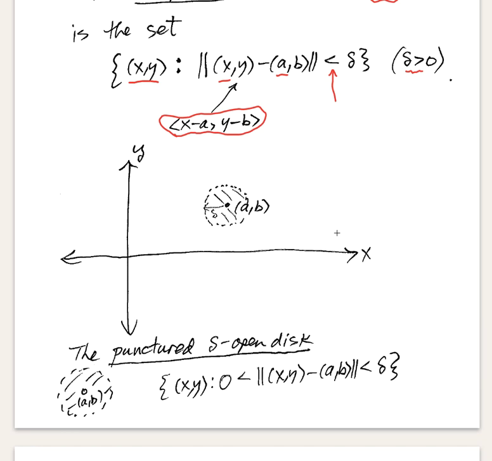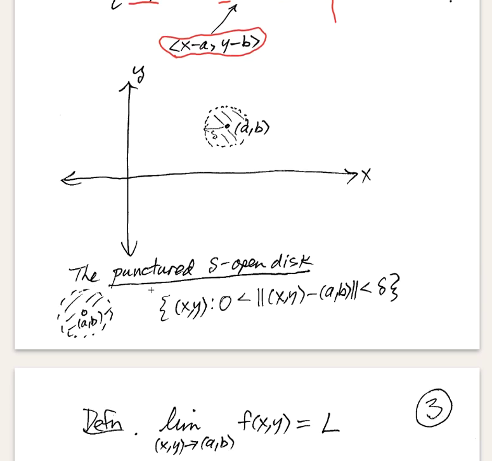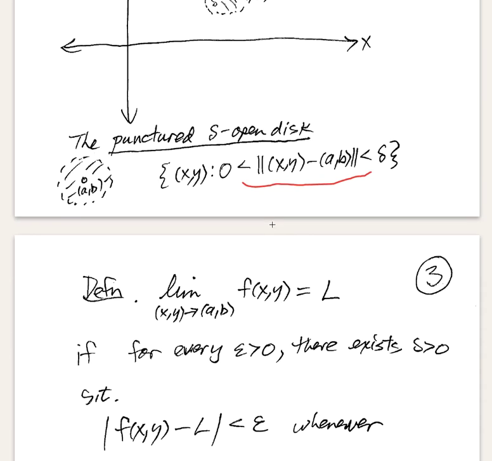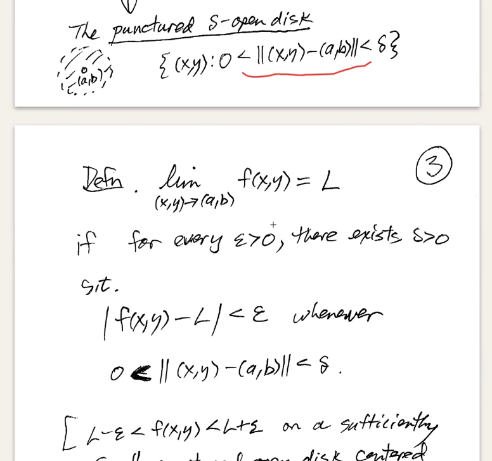One other thing I'm going to talk about is the punctured delta open disk, or punctured open disk. What did I do here? I took all the points (x, y) whose distance from (a, b) is less than delta but greater than 0. That's all I'm doing here. There's only one point whose distance from (a, b) is equal to 0, and that's the point (a, b) itself. So do you see what I'm talking about when I talk about the punctured open disk?